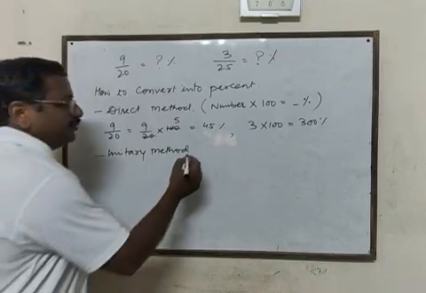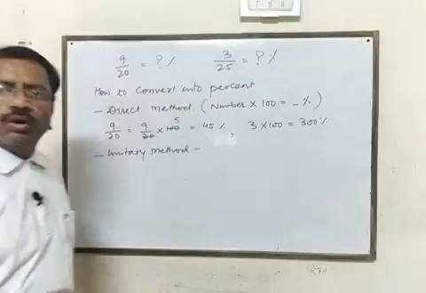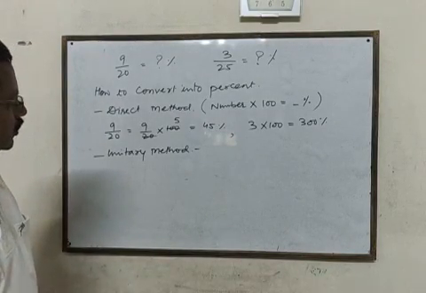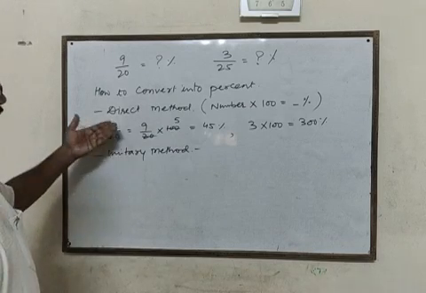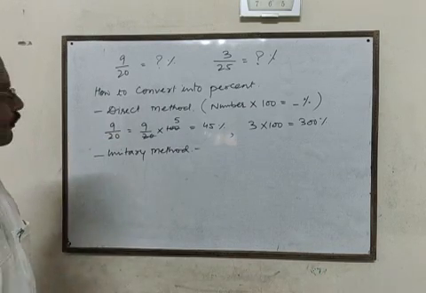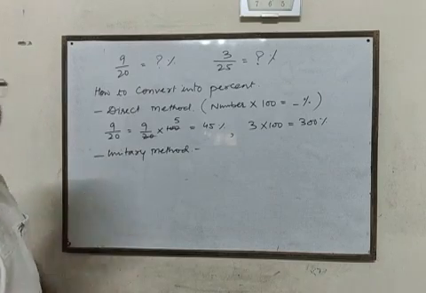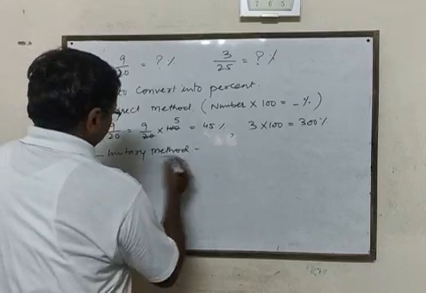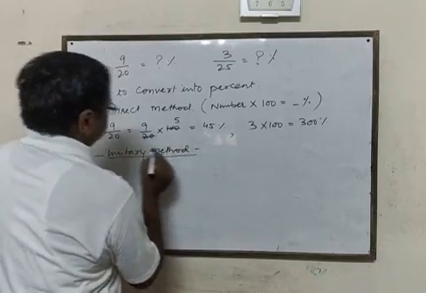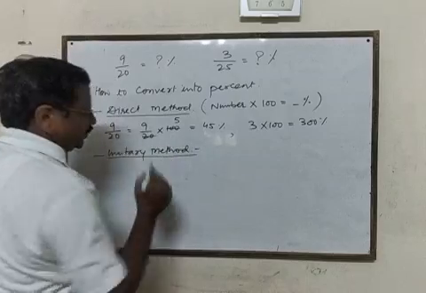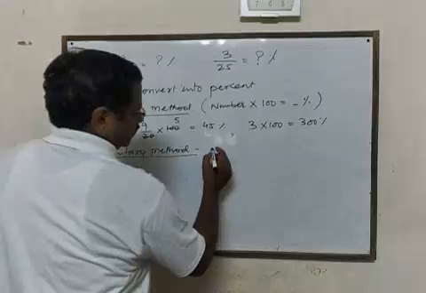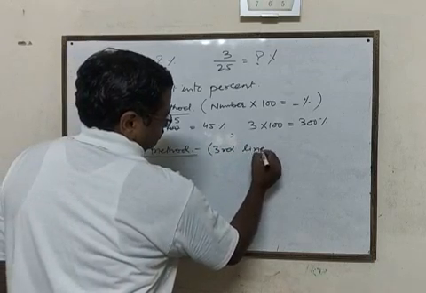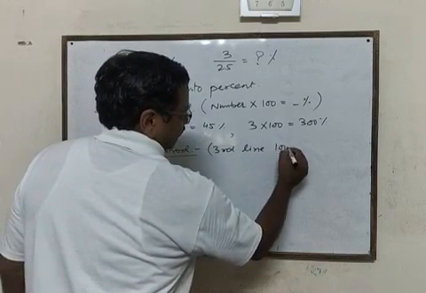Unitary method we generally use in problem sums, word problems, story problems. Even though the unitary method and the direct method have the same meaning, let us try to understand it also. To find the percent by the unitary method, in the third line 100 will be there.